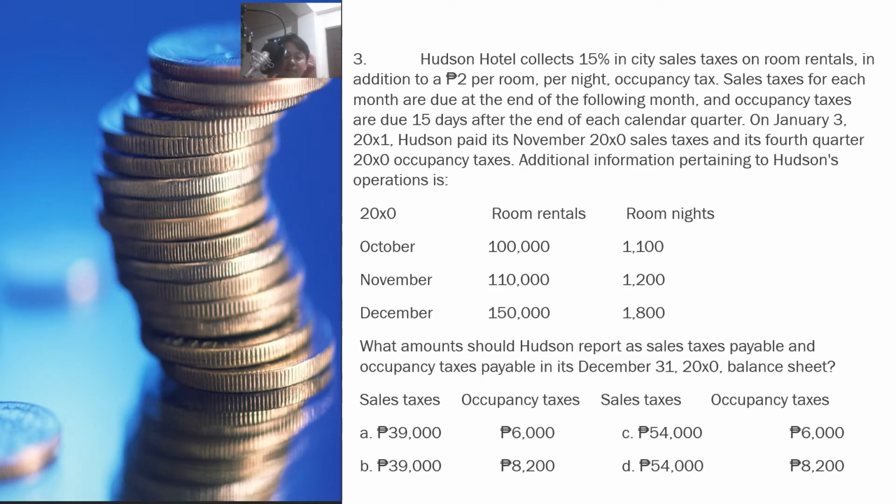So, bayad na yung taxes yung tax ng 100,000. Ito, 110 at the end of December 31. So, as of December 31, hindi pa siya bayad. Di ba? Kasi outstanding pa yung liability diyan kasi December 31 cut-off date yon. And then of course, ito 150 at the end of next month, so mga January 30 pa yan, so magiging liability.